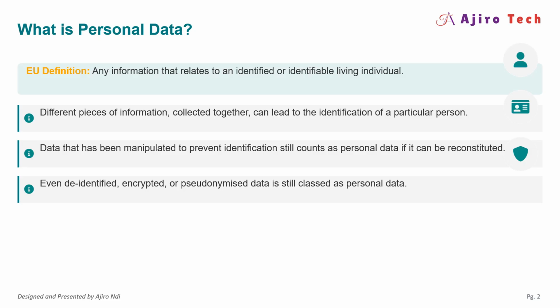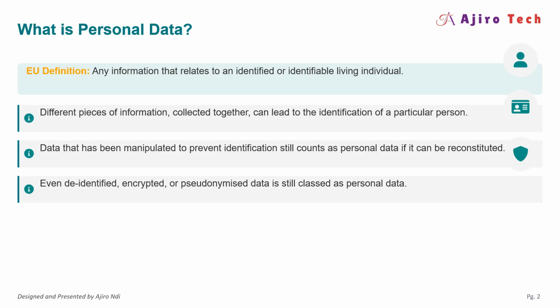And I have to quote it exactly the way it is because, again, I'm trying to avoid any form of plagiarism. It's not my definition, it's something I got from the website, and it helps us to understand what personal data is. Now, the website states that personal data is any information that relates to an identified or identifiable living individual. You can see it right there in the slide.